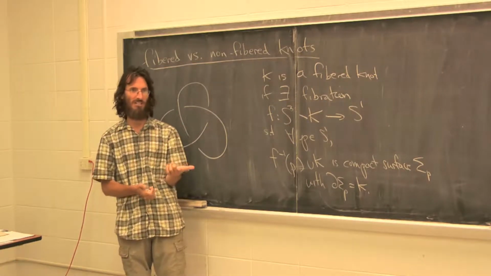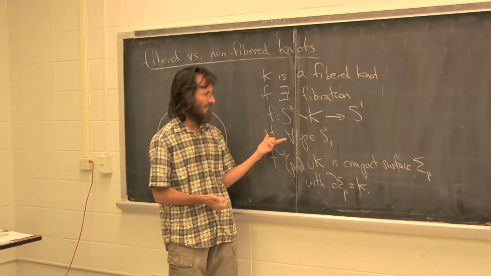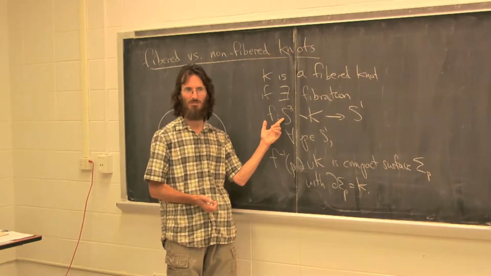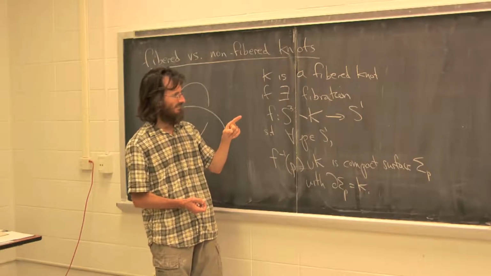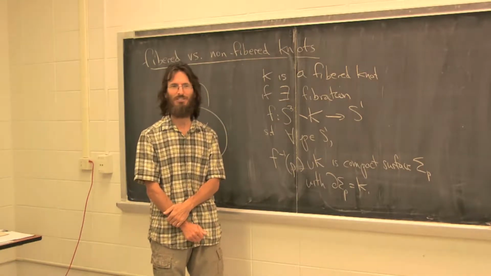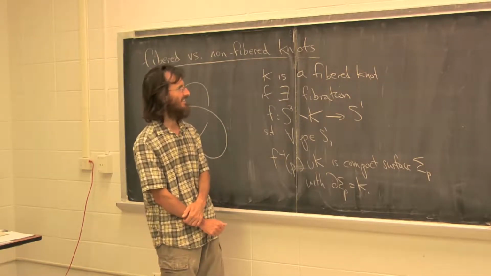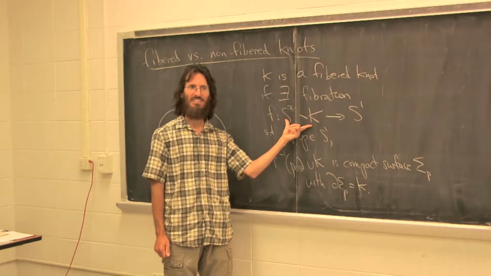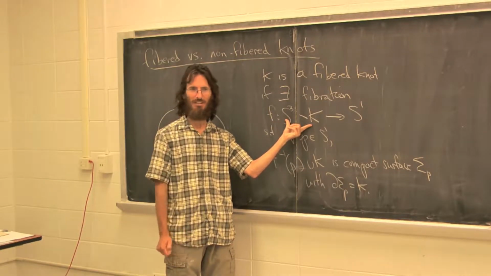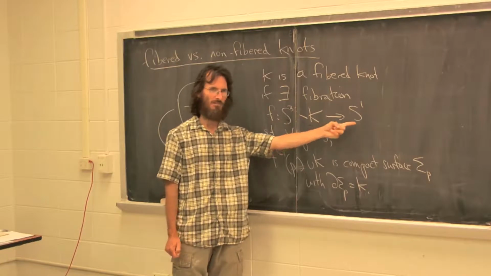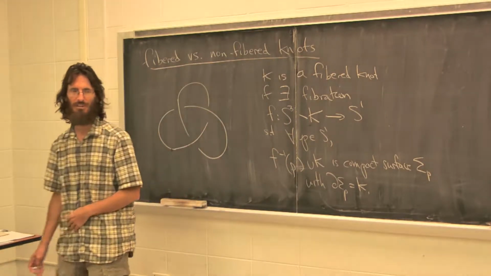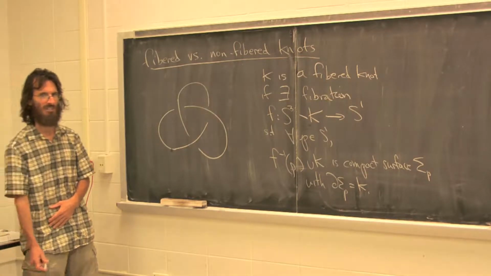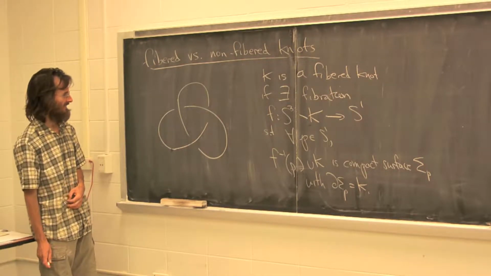As long as you project to S1 and this is a fibration with no critical points, then take a metric on S3 minus K, and a gradient-like vector field for it will point transverse to K everywhere, therefore giving a well-defined normal direction for oriented K.